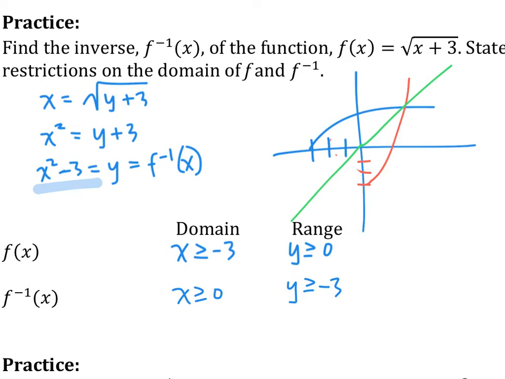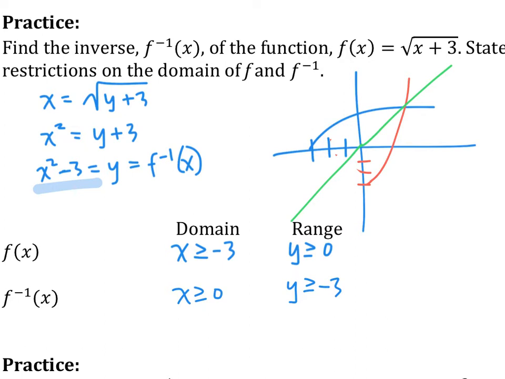Because if we wanted this square root to be negative, we would have put a negative in front. So when we don't put anything, we're really saying it is a positive sign in front. Therefore, we're only taking the positive values for x, and so we're only looking at x greater than or equal to 0.